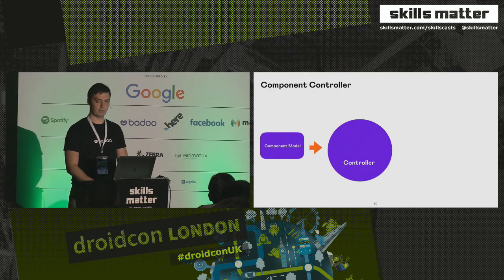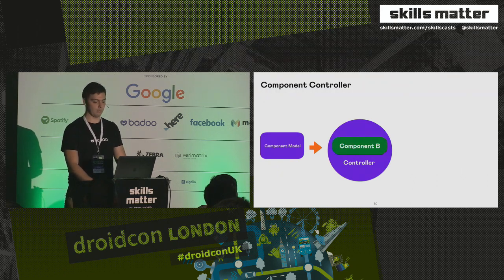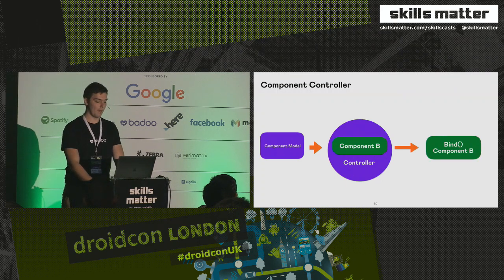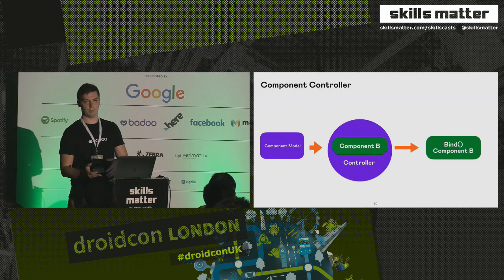But if component A answers no, I don't support it, in this case the controller removes the component from the view hierarchy and tries to find a component which supports this type of model. For example, it can be component B, but the component controller keeps the layout params for the component and passes this instance of the model to component B. In this case, we just removed all components which don't support the type of model and inflated the one which supports it and passed the model to it.